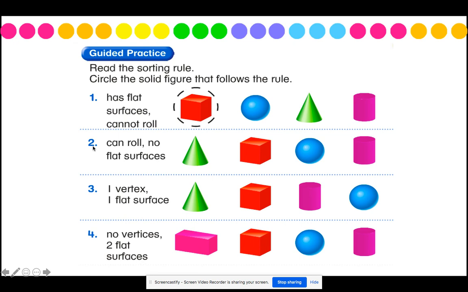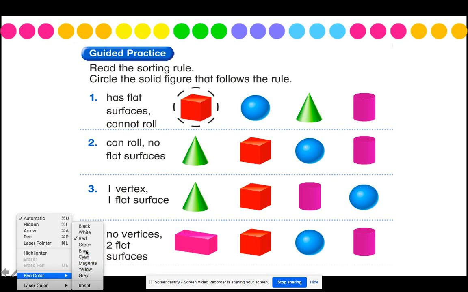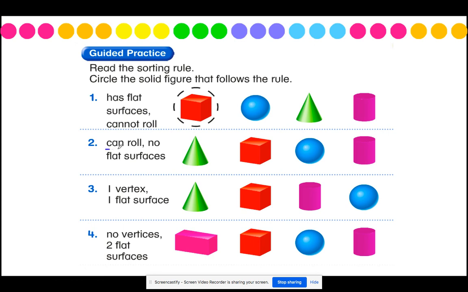Number two, I'm looking for the solid figure that can roll, but has no flat surfaces. So let's keep that in mind. Can roll, let's start there. Can a cone roll? Yes. Can a cube roll? No. Can a sphere roll?